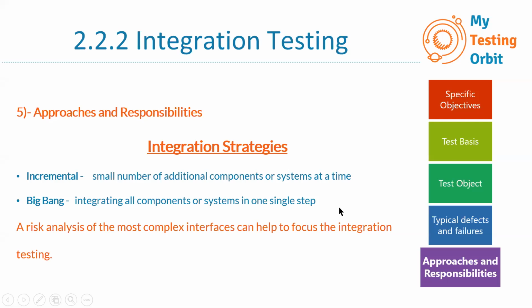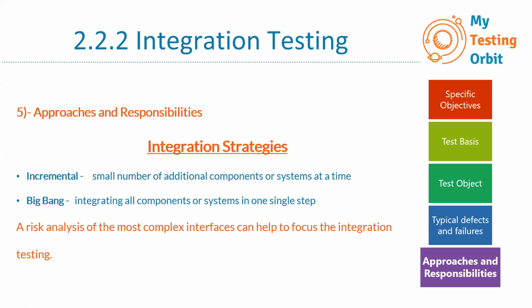And why, if we go back to the last session, do we need stub and driver? We need stub and driver when we are testing components incrementally and we don't have something, maybe one of the components is not developed. To fill that gap, we use a dummy program, which is known as a stub or driver, depending on whether that program is being called or is a calling program.